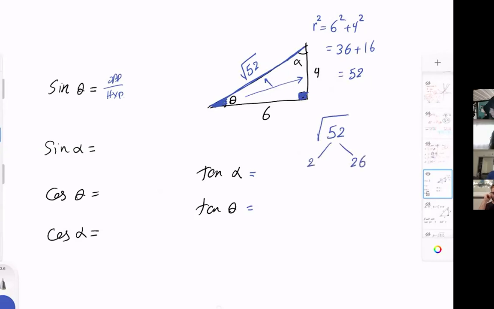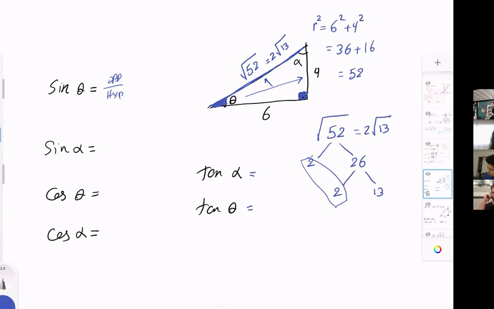Oh, sorry, I was doing root 50. Never mind. And this is like a 2 times 13. So we have one pair of 2. It goes outside, a radical 13 inside. So you need to do this. This is the same as 2 root 13.